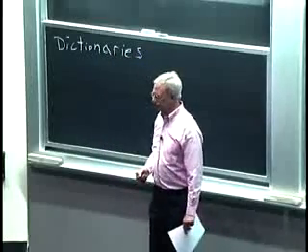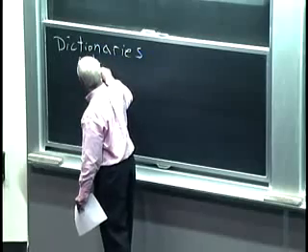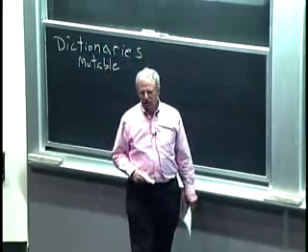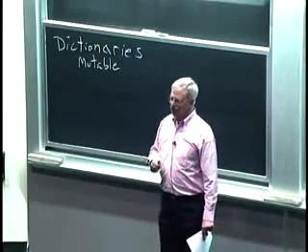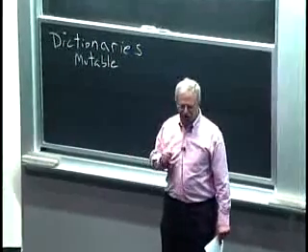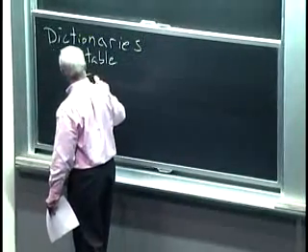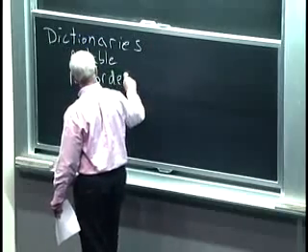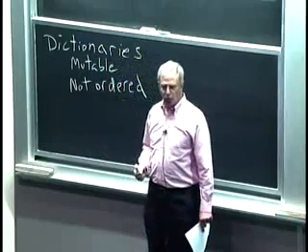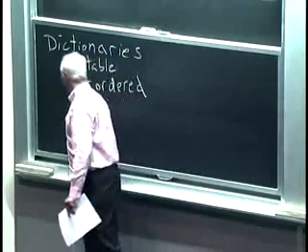Like lists, dictionaries are mutable. Like lists, they can be heterogeneous. But unlike lists, they are not ordered. The elements in them don't have an order. And furthermore, we have generalized the indexing.